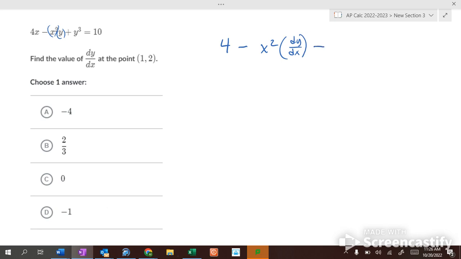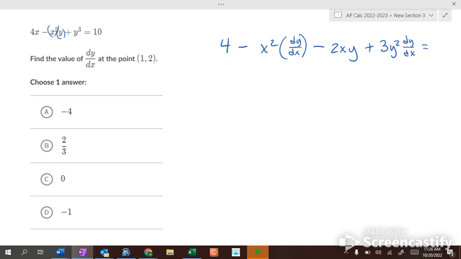And then it's minus again, because it was minus in front of it, minus y times, what's the first derivative of x squared? 2x. So I'll just leave the 2x in front, call it 2xy, plus, what's the first derivative of y cubed when it's dy/dx? 3y squared dy/dx.